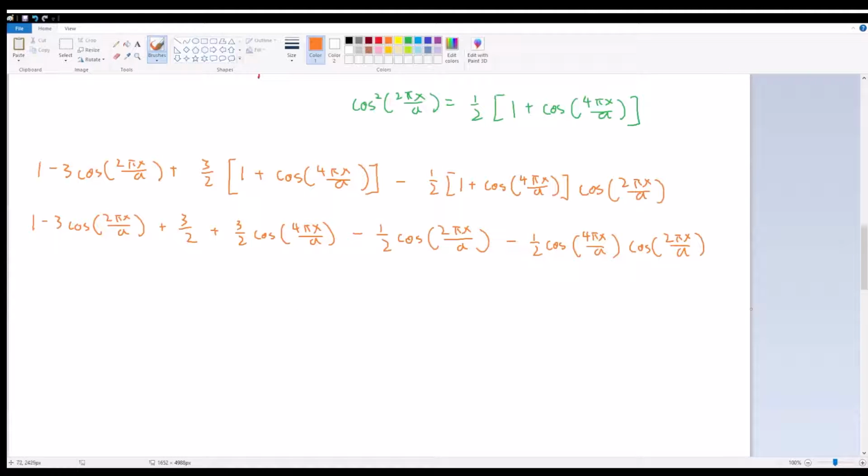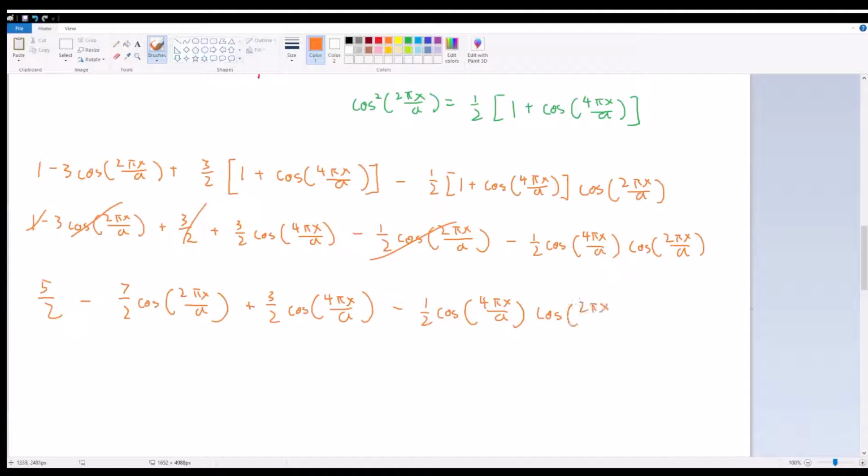So this is going to be 5/2 where I cancel out these two. Anything else? Minus cosine 2 pi x over a. This is 7/2 cosine 2 pi x over a right here. And then plus 3/2 cosine 4 pi x over a. And then minus 1/2 cosine 4 pi x over a cosine 2 pi x over a.